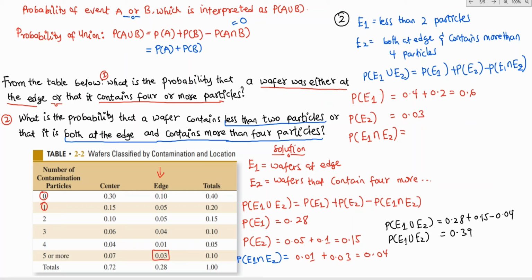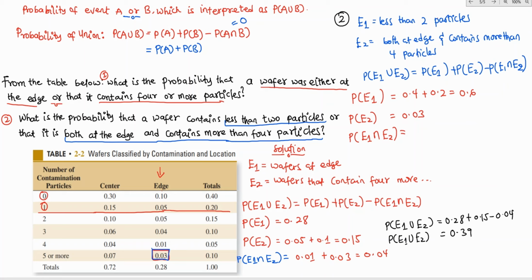For the first event, you consider wafers that have less than two particles, so that will be from 0 to 1. And then also we are considering the probability that a wafer is both at the edge and contains more than four particles, which is just this 0.03 here.